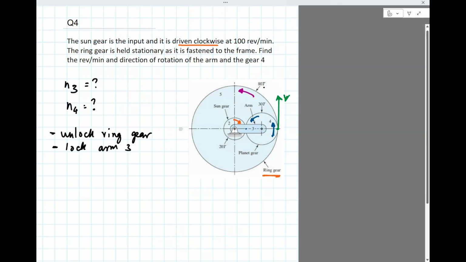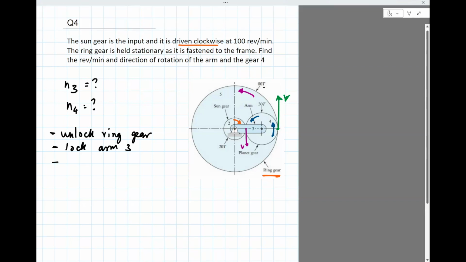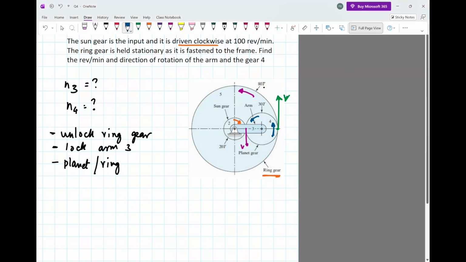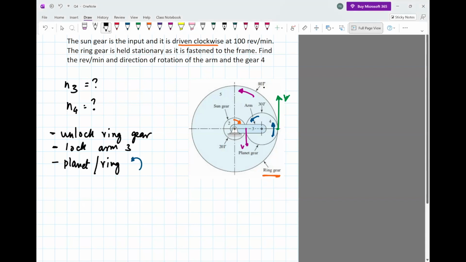So the ring gear and the planet gear are rotating counterclockwise, and the sun gear is rotating clockwise. That's the direction.